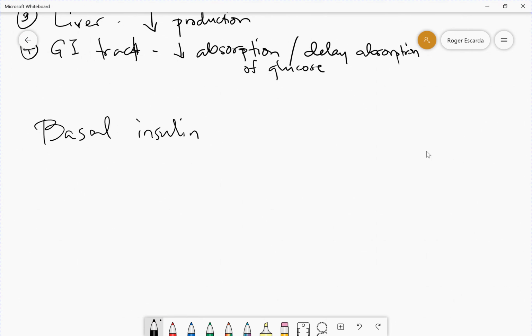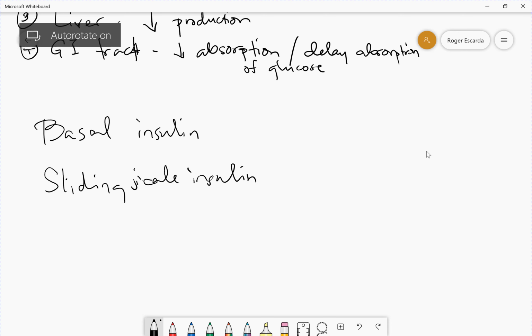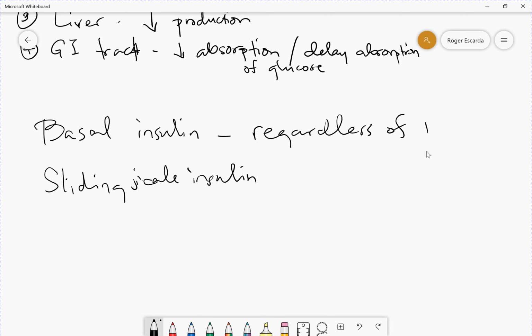We have basal insulin, and then we have what we call the sliding scale insulin. Basal insulin, again, is not given to all diabetics. Only certain types of diabetics, usually the ones that have severe insulin resistance, are given basal insulin, meaning regardless of their blood sugar, regardless of glucose, basal insulin is given.